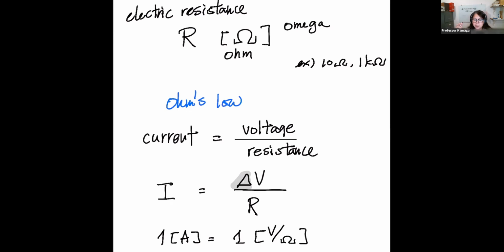Constant voltage, if you say 20 volts, it has to be a 20 volts difference. It's the voltage difference. If it's just 20 volts with no change, then you're not going to have a current flow. But the bigger the potential drop, the bigger the current. The bigger the resistance, the less the current. Makes sense.